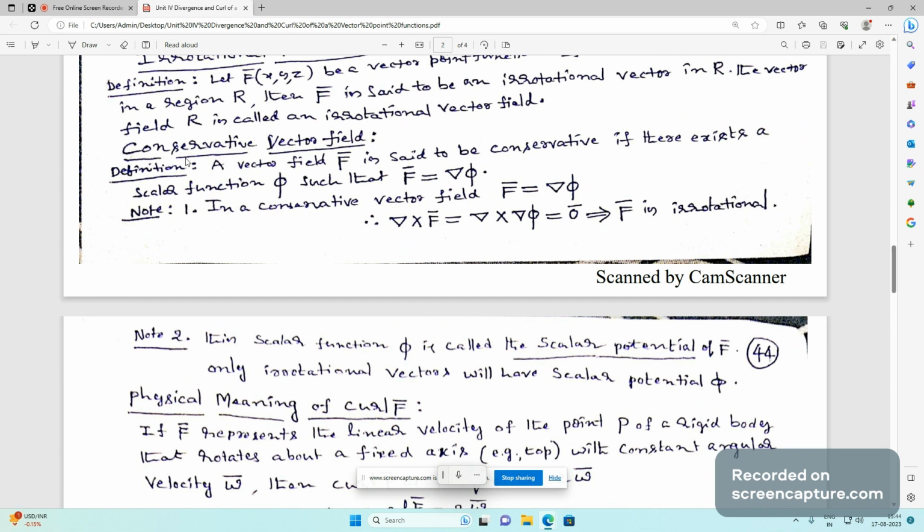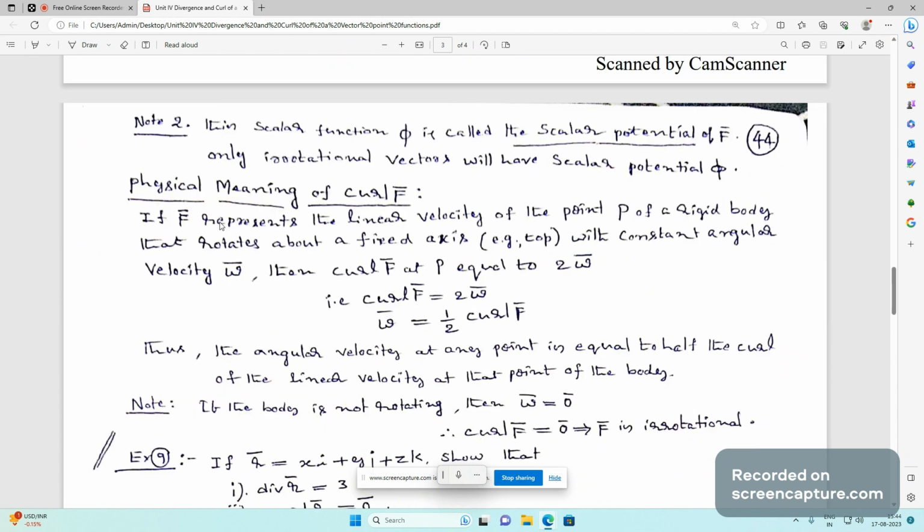Therefore, conservative means simply that it is irrotational. If f bar is irrotational, it is conservative. In this case, f bar can be written as the gradient of some scalar function. This scalar function is called the scalar potential of f bar. Only irrotational vectors will have scalar potentials.